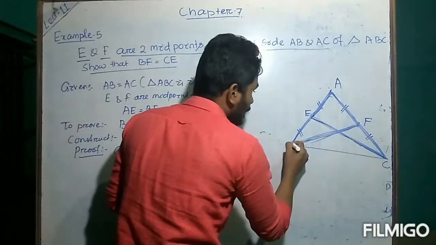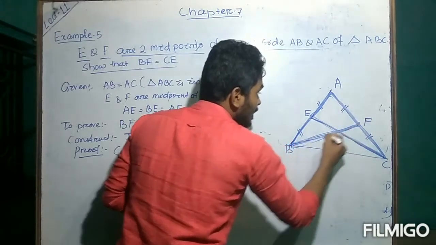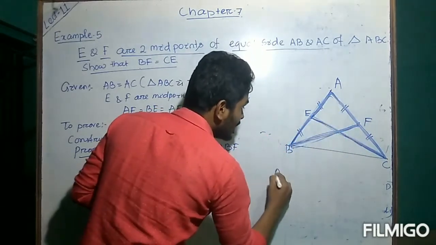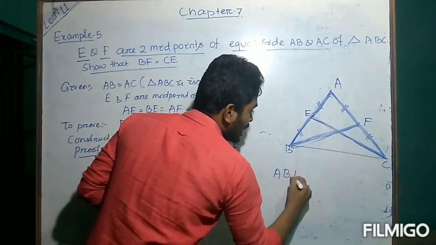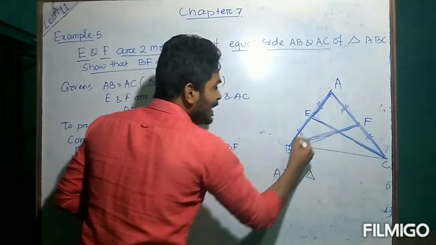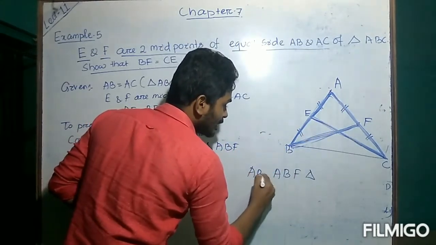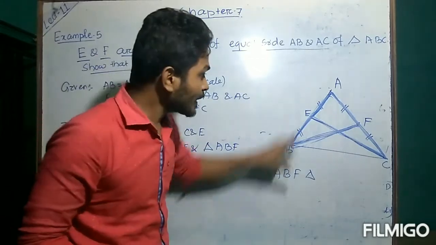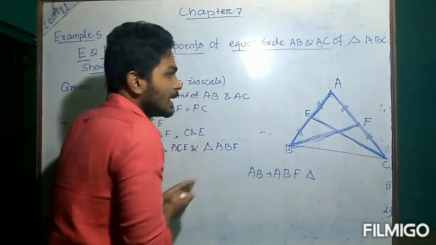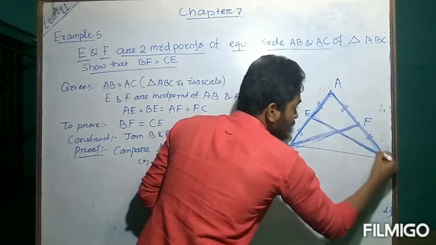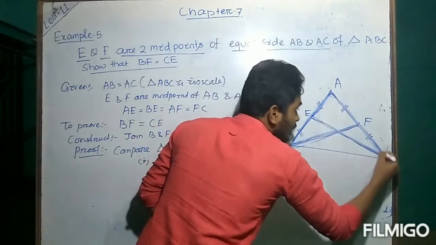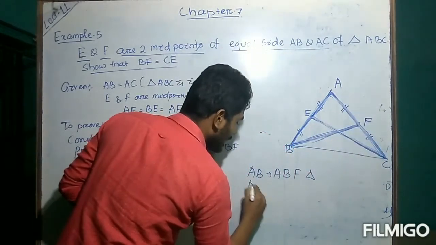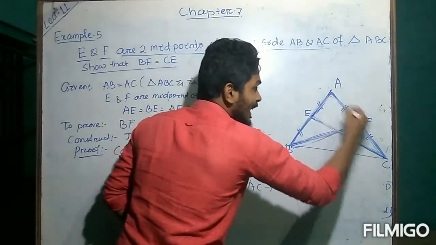First, see. Which triangle have I considered? A, B, F. Then AB is a side of this triangle. Similarly, if I consider this triangle, then AC is a side of which triangle? ACE.